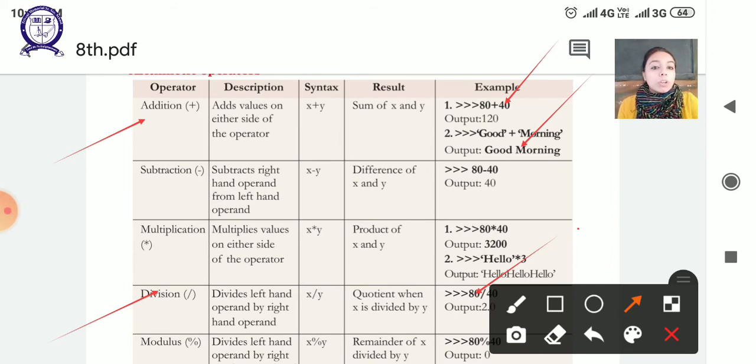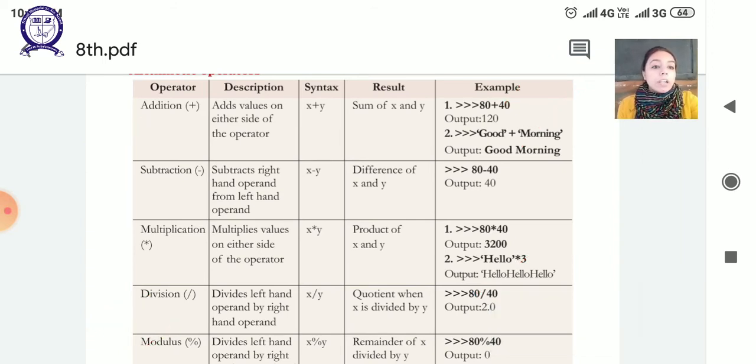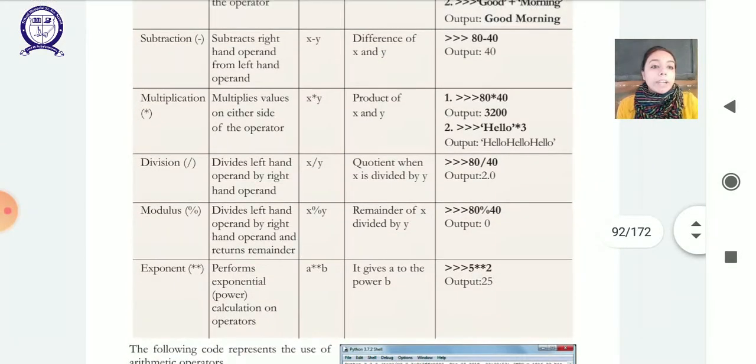Next we have the modulus operator. The modulus operator gives the remainder of x divided by y. It divides the left hand operand by the right hand operand and gives us the remainder. Like if 80 is divided by 40, the quotient is 2 and the remainder is 0 because 80 is fully divisible by 40, right?